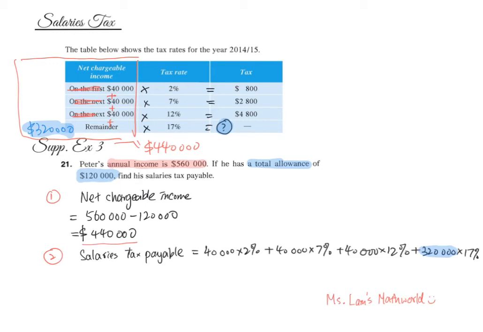Make sure that you understand how to get the 3200, okay? This step is optional, just to prevent any careless mistake in calculation. Then calculate one by one, and you can get the salary tax that we have to pay.